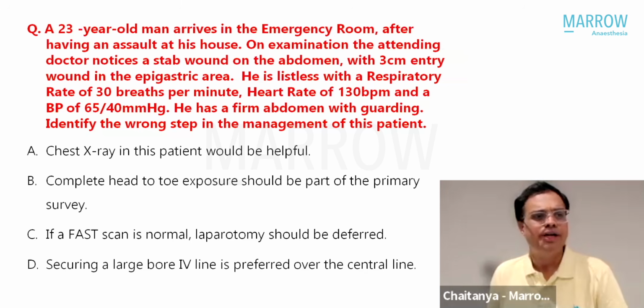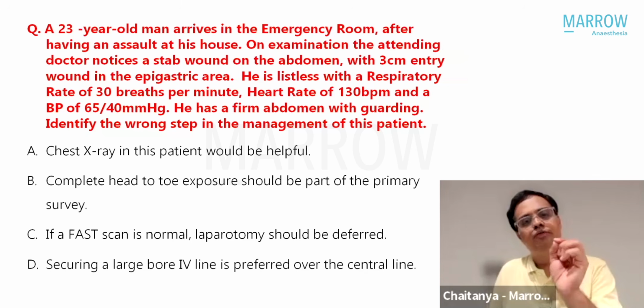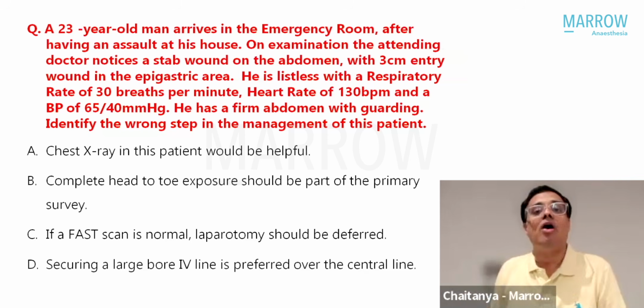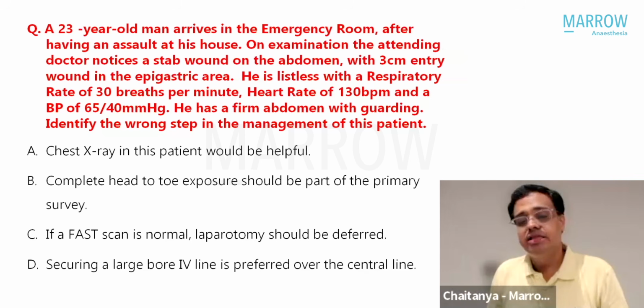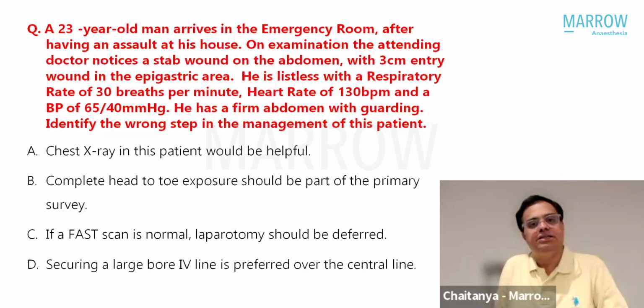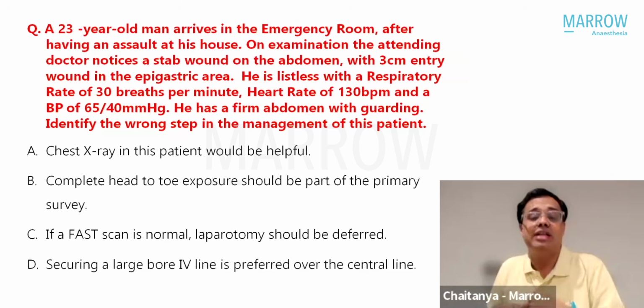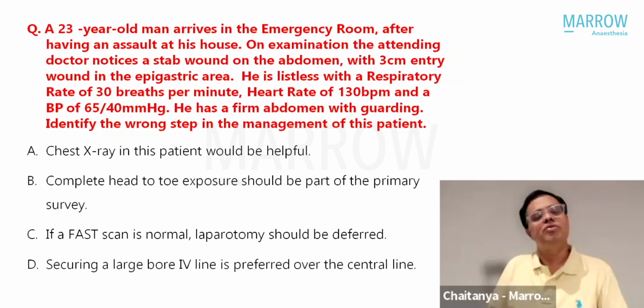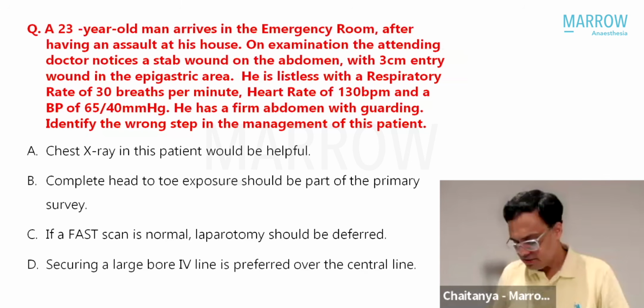FAST scanning is useful only to detect solid organ damage. It is never used to identify hollow viscus perforation. So FAST scan is useless here. It is a stab injury, so I am expecting hollow viscus perforation. Why am I expecting hollow viscus perforation? See the history.